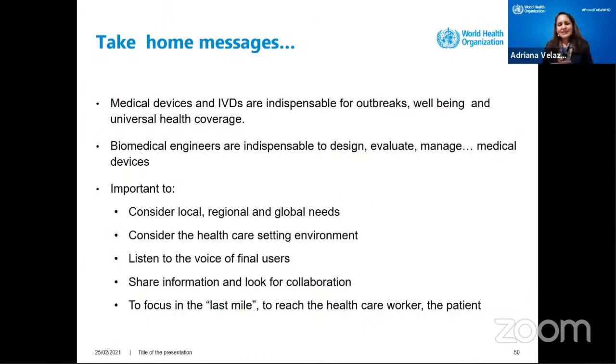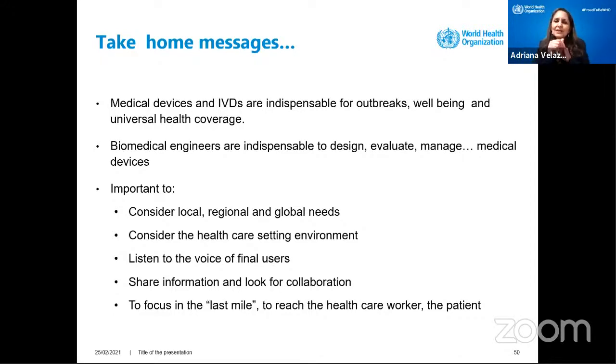So, take home messages, and I know most of you are home, but anyway, I'll leave the take home. Number one, medical devices and IVDs are indispensable for outbreaks, well-being, and universal health coverage. Number two, biomedical engineers are indispensable to design, evaluate, manage medical devices. And 5 issues to consider.